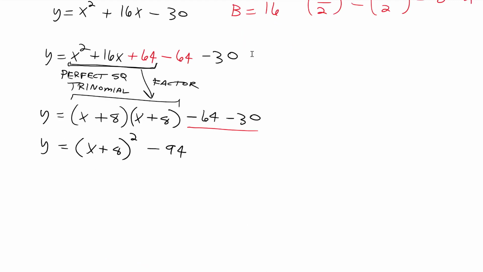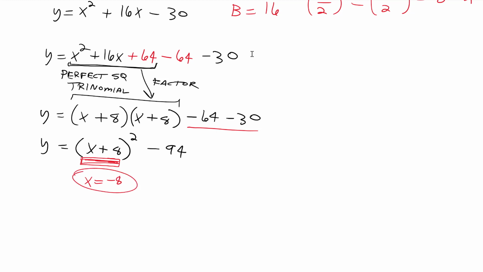And when we do that, here's how we can identify what the vertex is. The value of x that makes this expression within the parentheses equal to 0, the value of x is the x value for the vertex. So the value that will make this 0 is x equal negative 8.